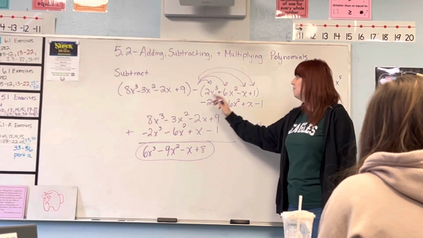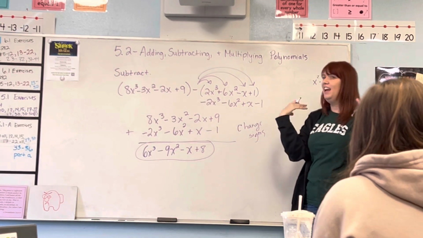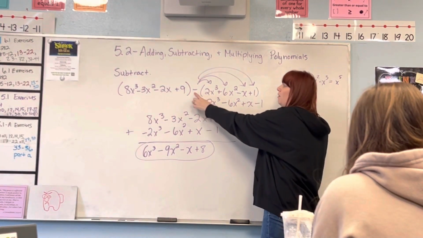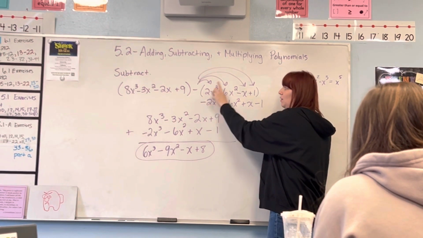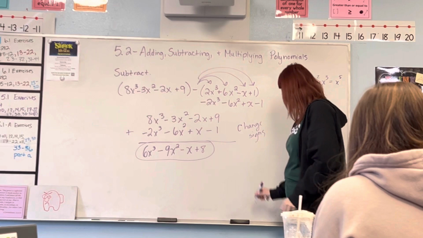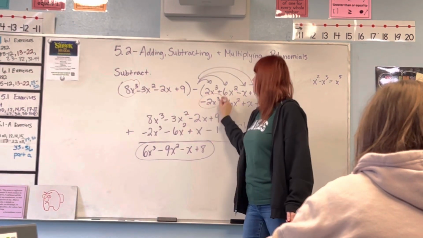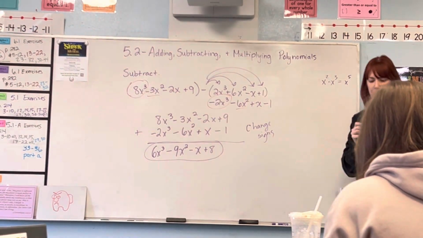I see lots of mistakes when there's subtraction because people try to do it in their head and then they mess up the combining of terms. If you rewrite at least this part with all the changed signs, then you can go through and combine your things. Like here's this one and here's this one. Combine those. And that one and this one. And so forth.